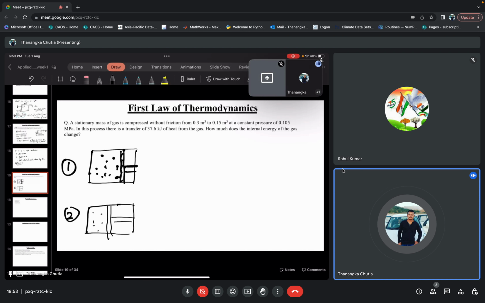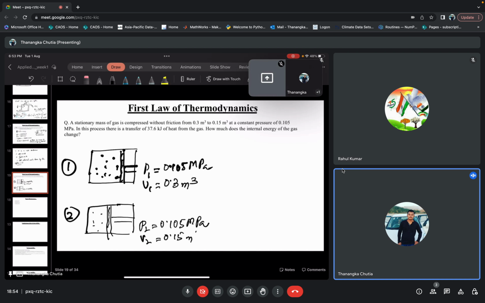It is compressed at constant pressure: P1 is 0.105 megapascal, and P2 is also 0.105 megapascal. Initially the volume was 0.3 meter cube, and finally it became 0.15 meter cube. In this entire process there is some heat transfer from state 1 to state 2. Q1 to 2 is minus 37.6 kilojoule.